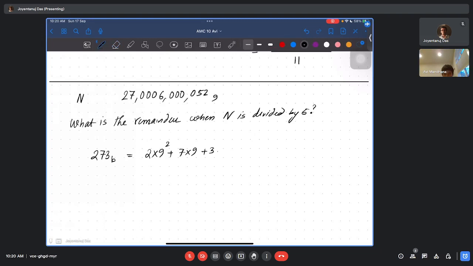Suppose this is any base b, then it is b squared, b, like this. So this will be the corresponding number in the usual number system. Our base 10 is the usual number system, right? If you take 250 in base 10, that is nothing but 200 plus 50 plus 0, right?